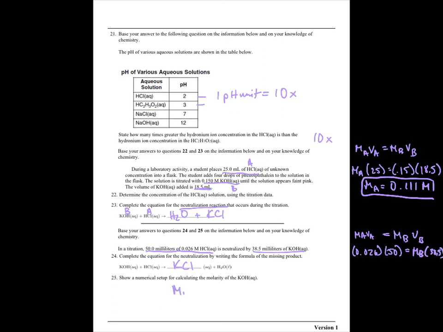So our numerical setup for finding molarity is going to equal 0.026 times 50 divided by 38.5. I think an acceptable numerical setup is the substitution right here into the equation. I believe that's acceptable because you're essentially just rearranging things to make it look like this, so you could easily plug in one go and get the value.